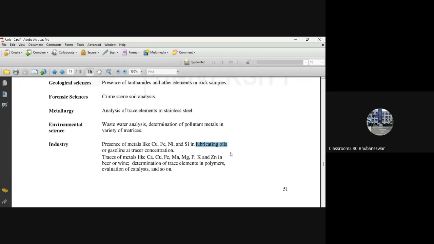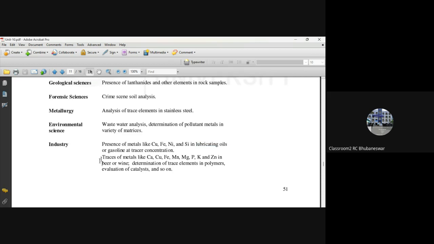But if another method has a sensitivity below 1% addition of kerosene and is able to detect it, then well and good. So you have to go for that also: not only the detection of these elements, but also the contamination present in your samples, or in other segments like other lubricating oils and gasoline, can be studied.